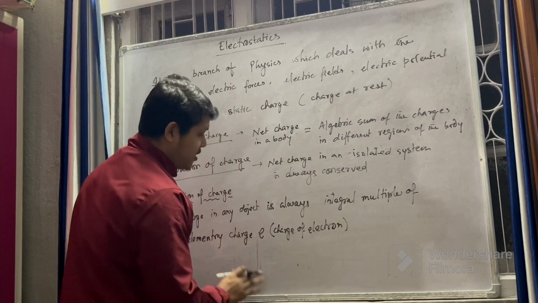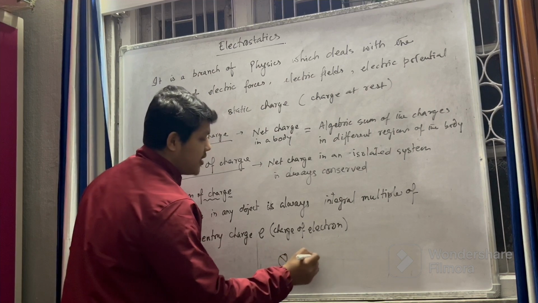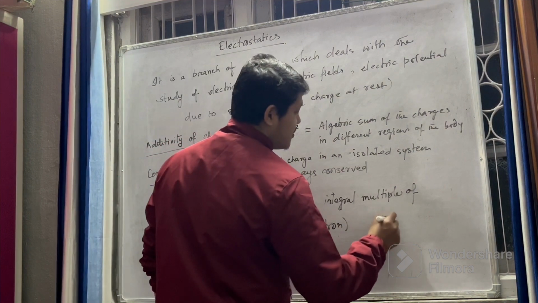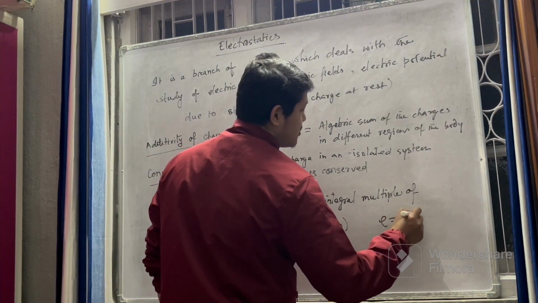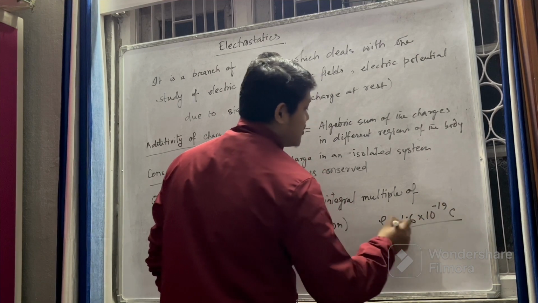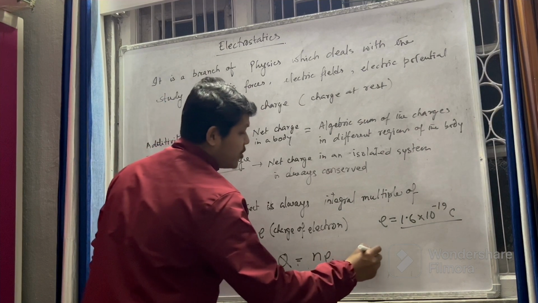That means if the charge on a body is capital Q, then it can be written as n times e. Here e is the charge of an electron, which is equal to 1.6 times 10 to the power minus 19 coulomb. This is the charge of one electron approximately. Here n is a positive integer.